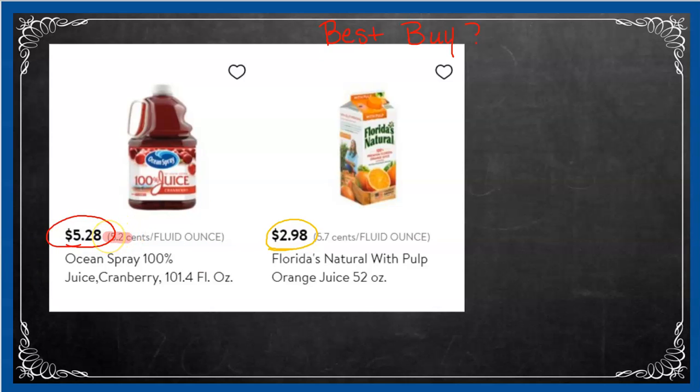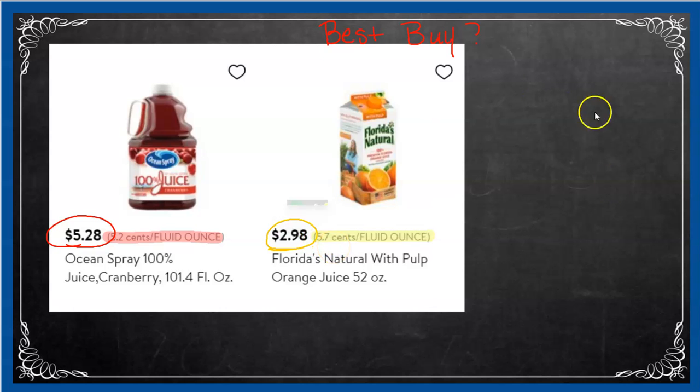What we see is that this one is 5.2 cents per ounce, and this one is 5.7 cents per ounce. So actually the better buy is the cranberry juice because it's a little over 101 fluid ounces. The orange juice is only 52 fluid ounces. So even though the cranberry juice costs more for the bottle, it is a better buy because it is less per ounce, and that is the unit rate. The unit rate for this cranberry juice is 5.2. The unit rate for the orange juice is 5.7.